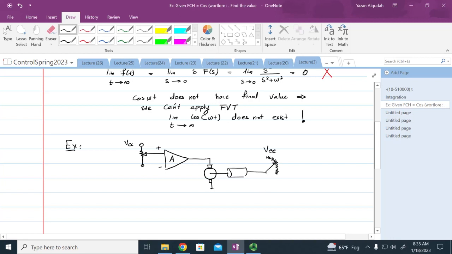And then we're going to take the value of the potentiometer and feed it back to the op-amp.